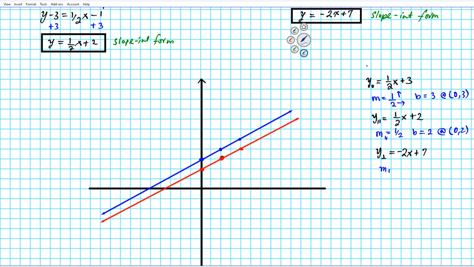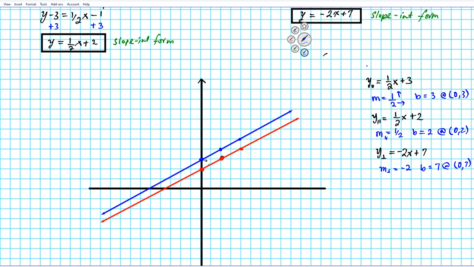The slope of the perpendicular line to the original was -2, and then your y-intercept is 7. So b is 7, so we're going to be starting from 0, 7.